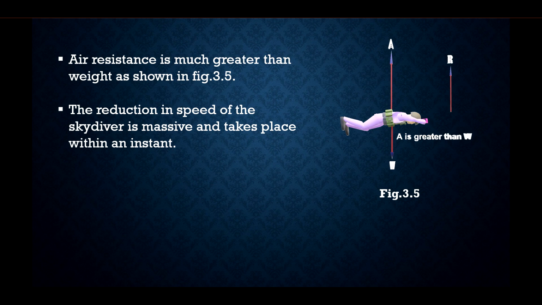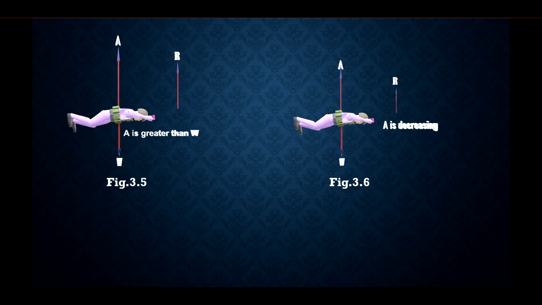As the skydiver slows down, air resistance, which also depends on speed, decreases. Air resistance in figure 3.6 is lower than that in figure 3.5. Notice that the net force R is also decreasing.